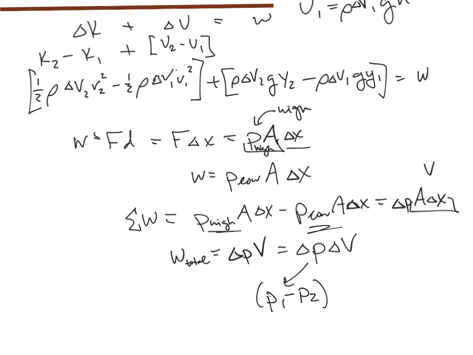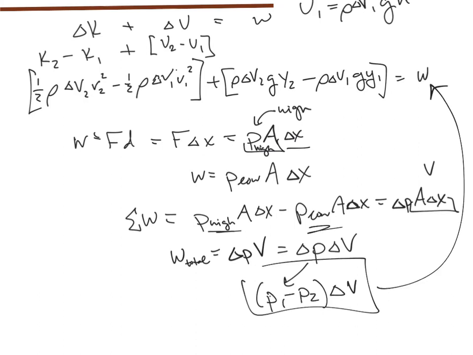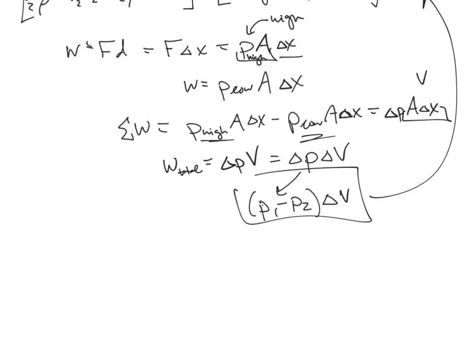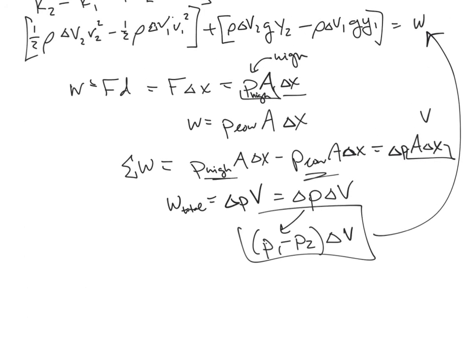So we can plug this term in for work here, sorry, that's not a U, that's a V. This gives us an overall equation of 1/2 rho delta V velocity squared minus 1/2 rho delta V, and these are labeled 1 and 2.